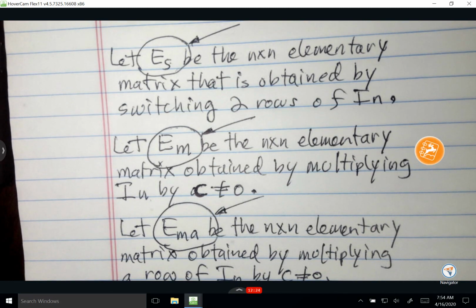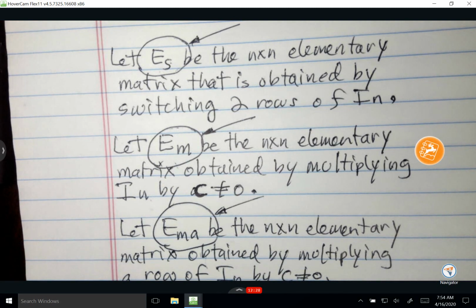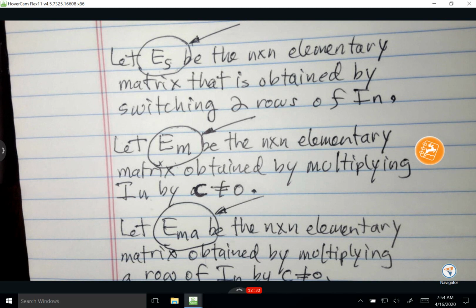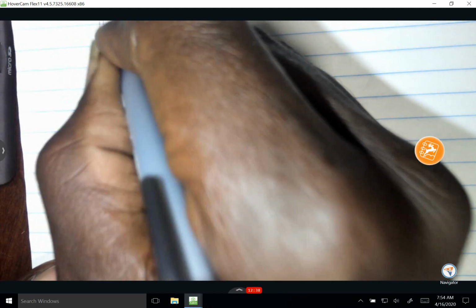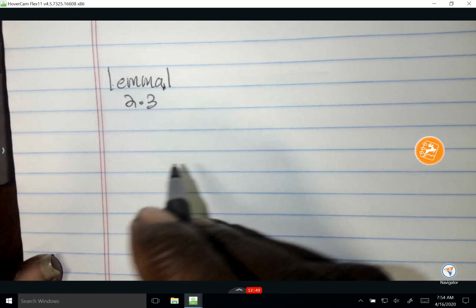Okay? So you got E-switch, E-multiply, and add. Capiche? Let's prove the theorem. So this is lemma 1 of 2, 3, and it goes like this.